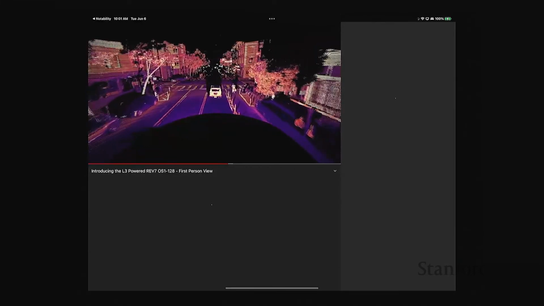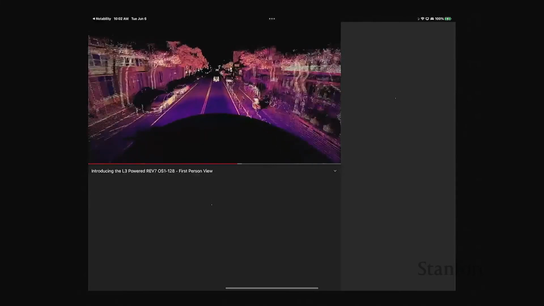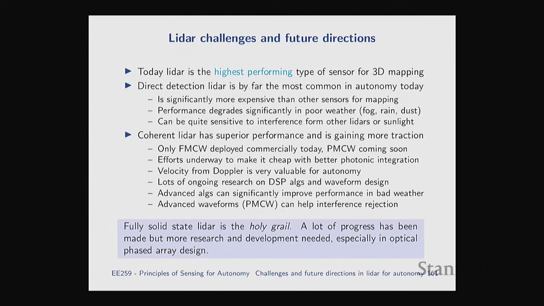As you see, radar is still today way behind this, but LiDAR has its own limitations, right? One is cost. These LiDARs today are extremely expensive, somewhere between $5,000 to $20,000, depending on the specifics of the system. The performance, as we know, degrades significantly in poor weather because of Mie scattering.